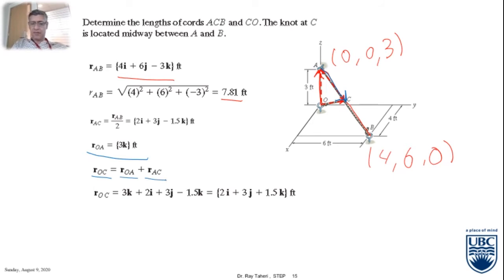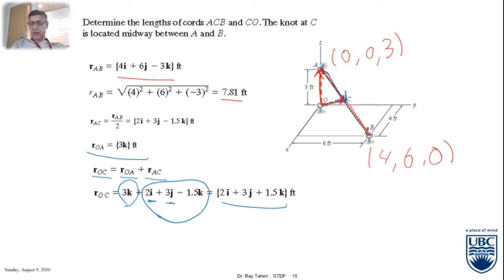So you have OA, which is this component, plus AC, which we calculated here as this component. You add them, so this doesn't have I and J, so I is 2, J is 3, and K is 3 minus 1.5. So here is what we get.